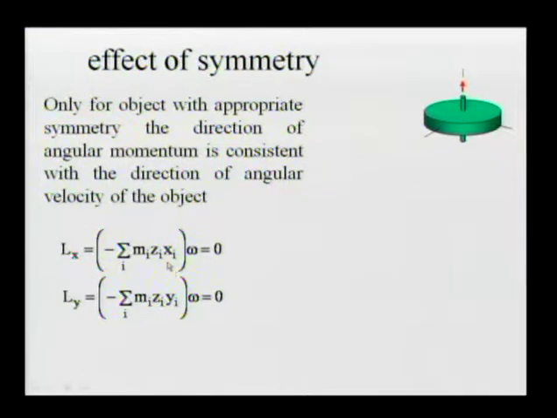What will happen in the sum then? They will cancel out, because for a certain particle mi at location zi, I will have an identical particle. So mi is going to be identical, xi is going to be identical. However, z is going to be opposite. So if I add, it will cancel out as well.